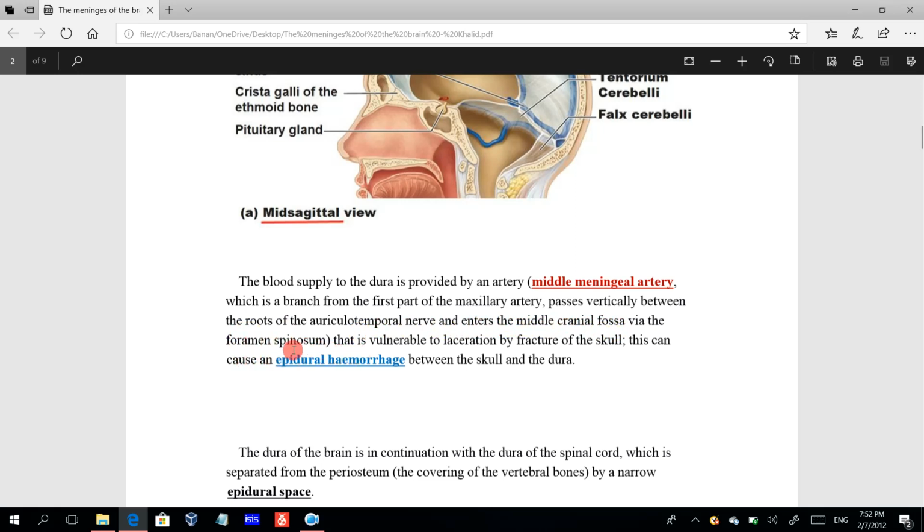The position of this middle meningeal artery is between the dura and the bone of the skull. As you know, it passes in close relation and has a groove within the squamous part of the temporal bone and parietal bone.